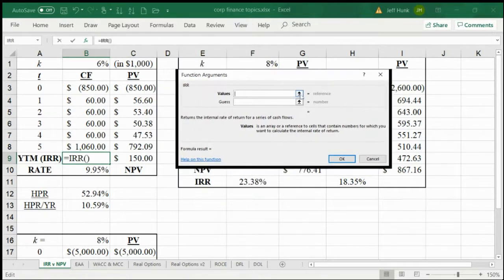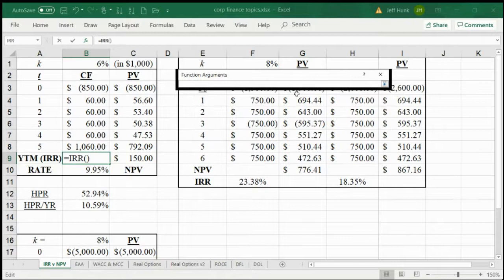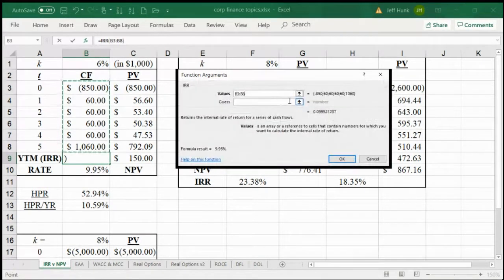All you need to do is click on values and highlight the range of the input data. You don't need guesswork because this function will automatically give you the accurate solution, so you don't need to take any guess.